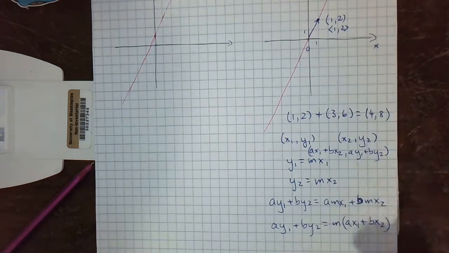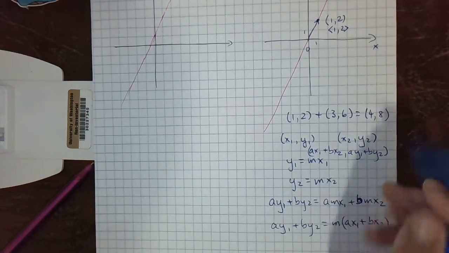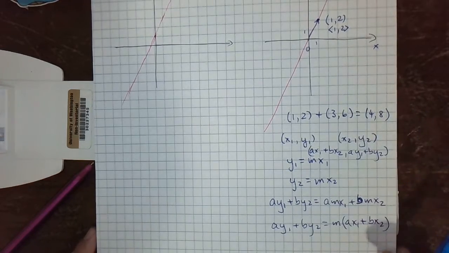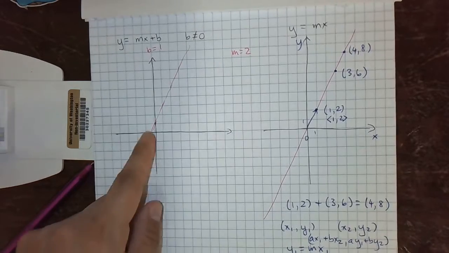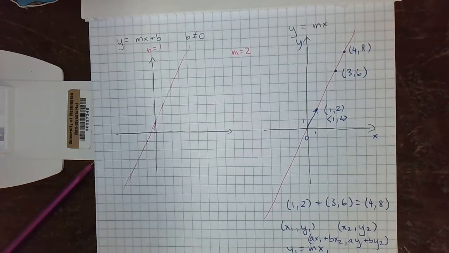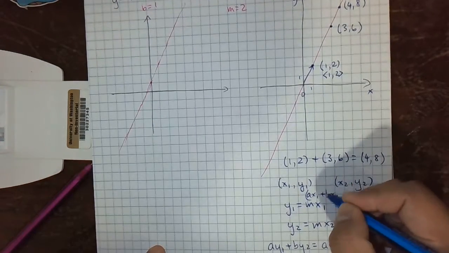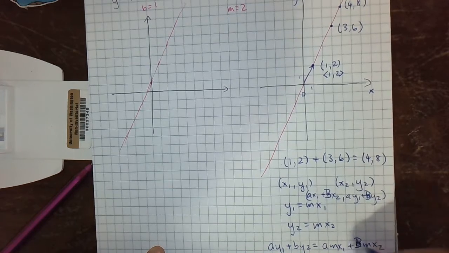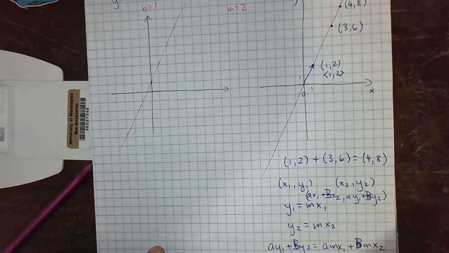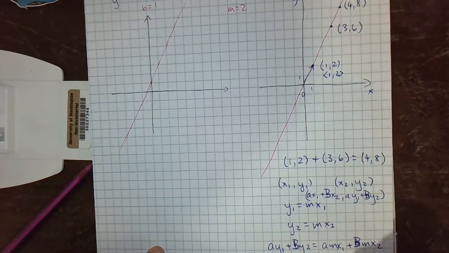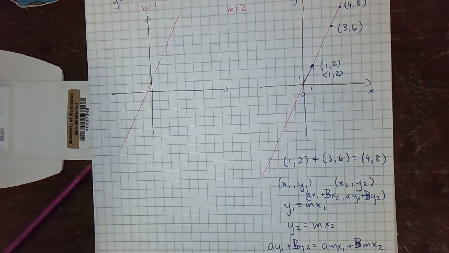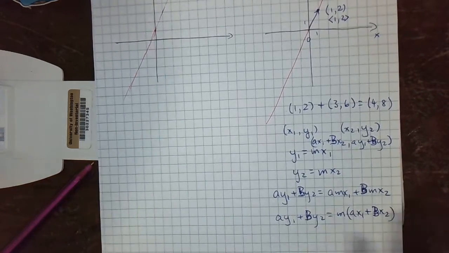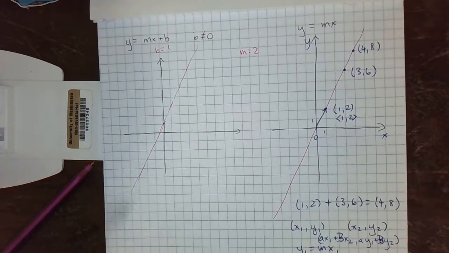So I've proved it in general, that a linear combination of any 2 points on this line will again lie on the line because it satisfies the equation. What happens over here, probably should not have used b. I'm going to change this to capital B, so it's not the same as the other b. I could change it to capital A as well, but I won't. Okay, laziest way to fix my problem of using the same letter twice.